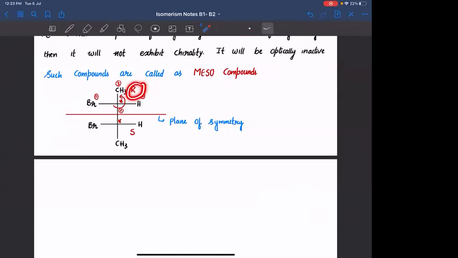If this is rotating in the anti-clockwise sense, this will rotate in the clockwise sense. If this is clockwise then this is anti-clockwise. Agreed? Okay. So in this case, if this is R, its counterpart will definitely be S. You can cross check. Is that clear?